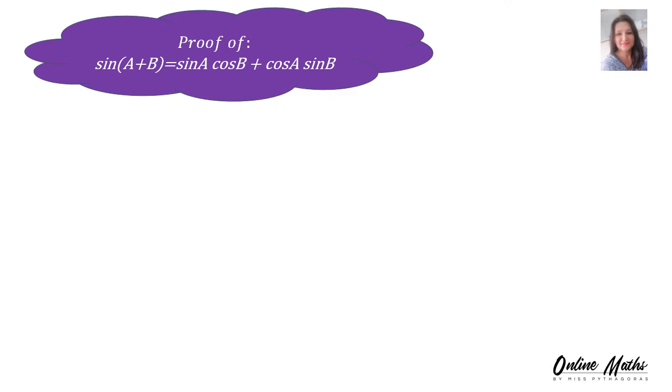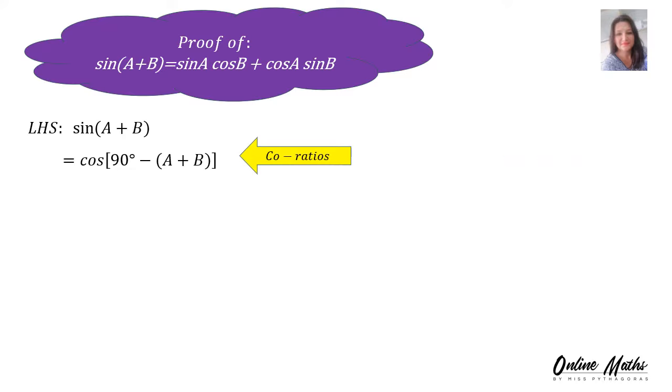Now I'm going to discuss the proof of sin A plus B, the compound angle for sin. So we start with the left hand side, sin A plus B, and that is equal to cos 90 degrees minus A plus B. Where does that come from? That is a grade 11 co-ratio.